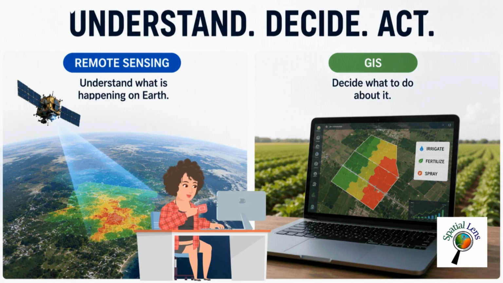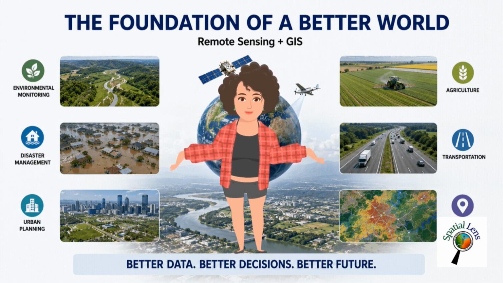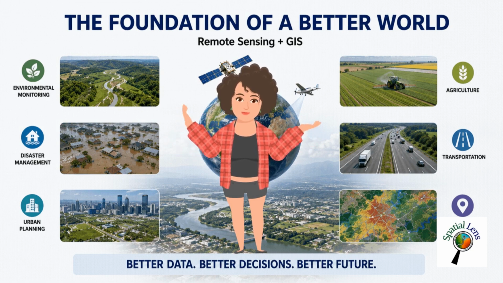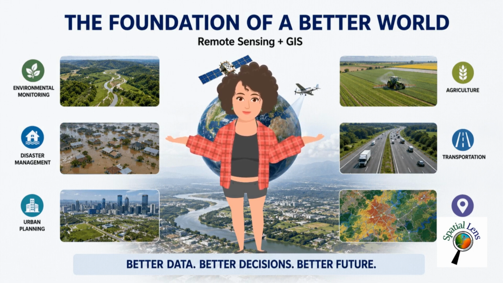In simple terms, remote sensing helps us understand what is happening on Earth, while GIS helps us decide what to do about it. Together, they form the foundation of modern mapping, environmental monitoring, disaster management, urban planning, agriculture, transportation, and countless other applications that improve how we understand and manage our world.